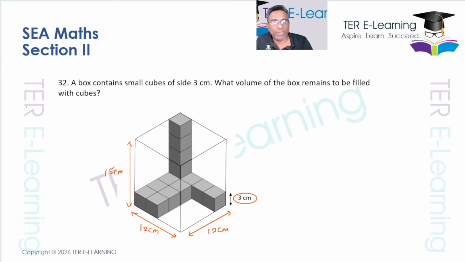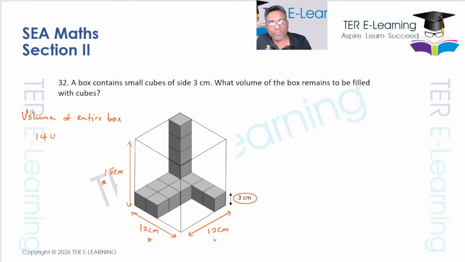So first I'm going to work out the volume of the whole box. To work that out, we just need to multiply 15 by 12 by 12. So 12 12s are 144.